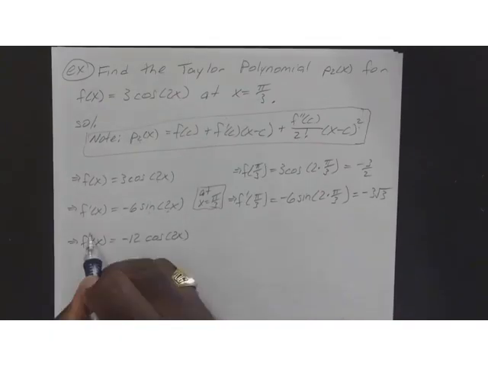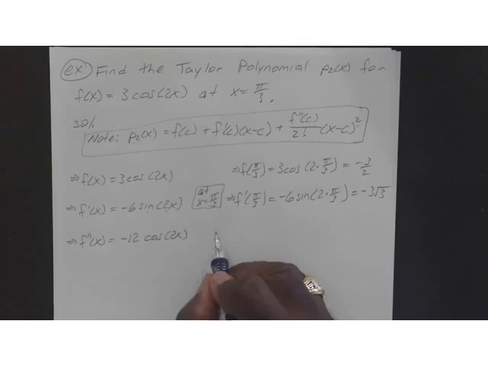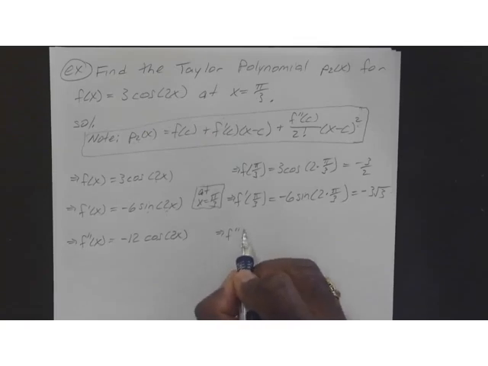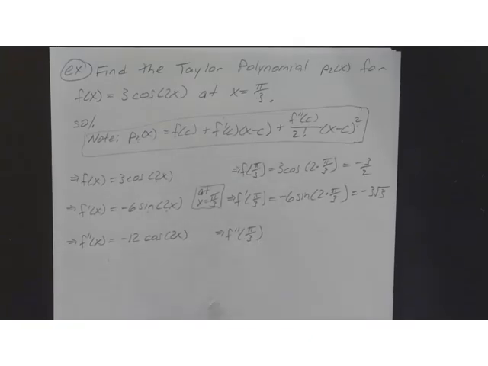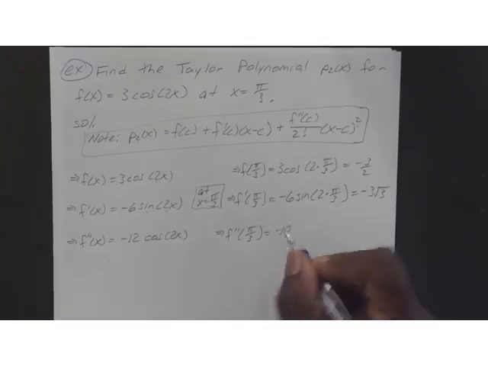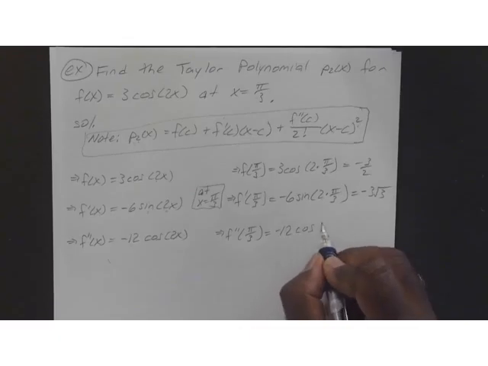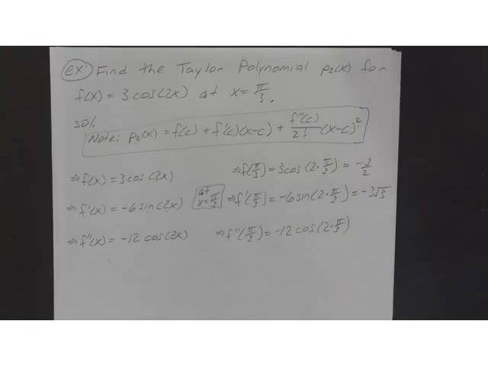And our second derivative at pi over 3, that's negative 12 times cosine of 2 times pi over 3, which is equal to 6.